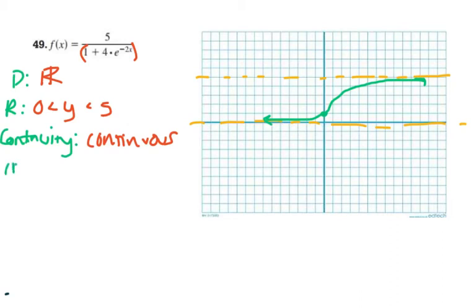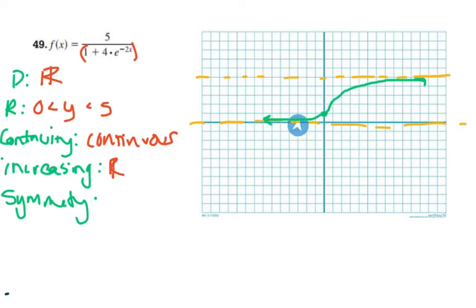The next thing they'll talk about is increasing and decreasing and symmetry. And increasing is actually always and not decreasing. Again, as you trace the line, you're never actually going down ever. It's always ever so slightly up.